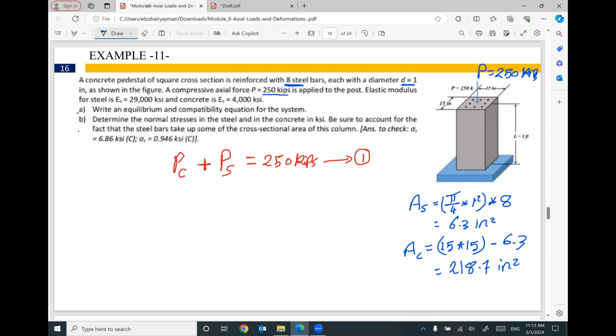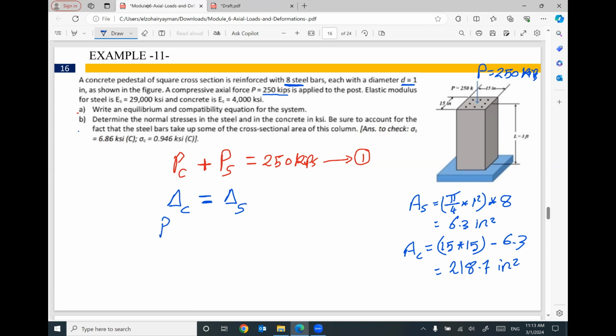The part supported by concrete will cause a delta in the concrete part. The part supported by steel will cause a delta in the steel part. Since the two materials are working together as one unit, they will move together and deform together, so the contraction in concrete must equal the contraction in steel.